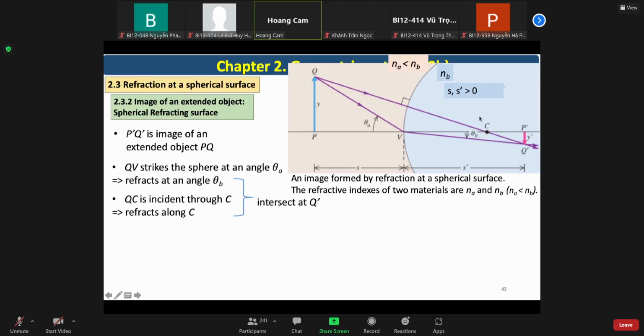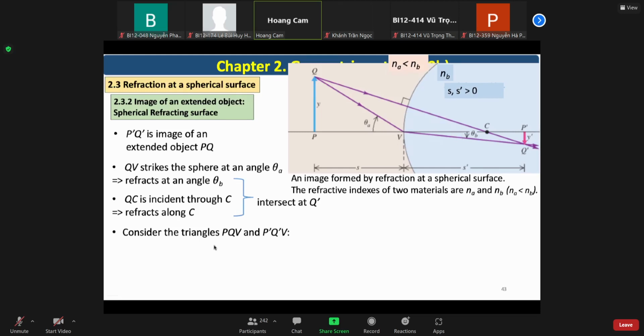And these two refracted rays intersect at Q prime. And you got the image Q prime, P prime of the object QP that we just discussed. Now we will see the relationship of the heights of the object and image, y and y prime, as well as the angles theta A, theta B, and the refractive indices NA and NB.